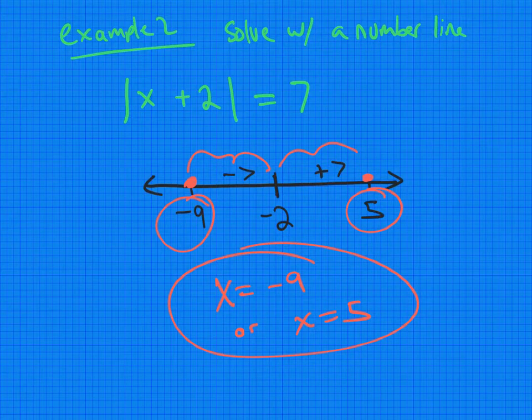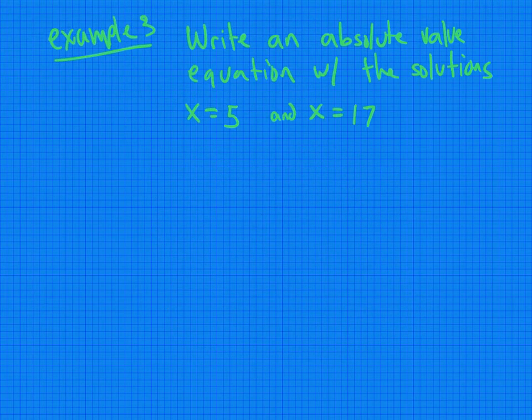The next two examples, I'm going to give you the solution, and we're going to use a number line to create a problem that would have those answers. So example 3 says, write an absolute value equation with the solutions x equals 5 and x equals 17. My goal ultimately is to write an answer that looks like this: absolute value of x, and then there will be some number there, and then it'll equal some number.